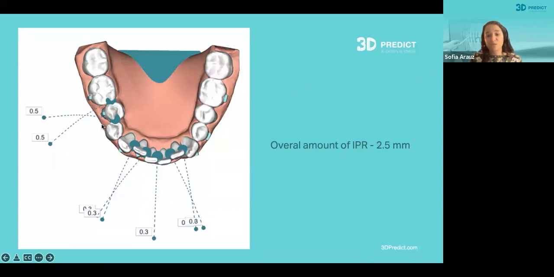So in this case, actually, the IPR was also added to correct black triangles because as we know, those lower incisors are triangularly shaped. So when you correct the crowding, you might have those black triangles. And that's why sometimes that interproximal reduction is needed.